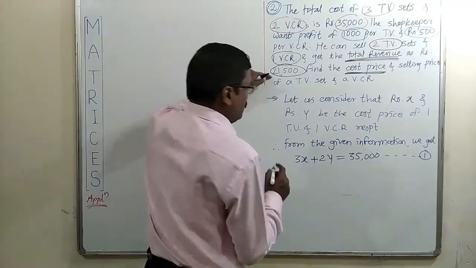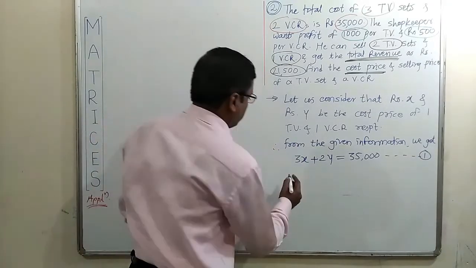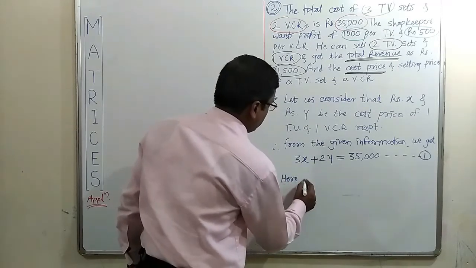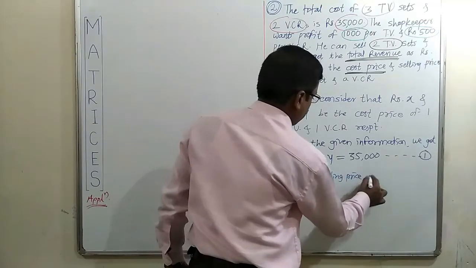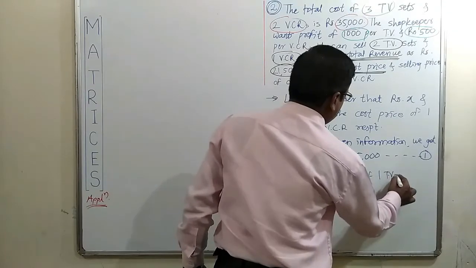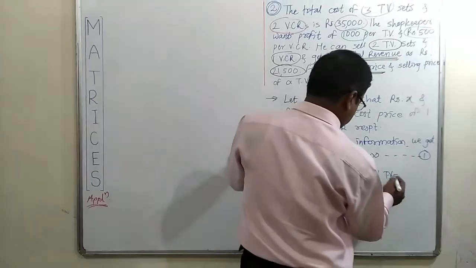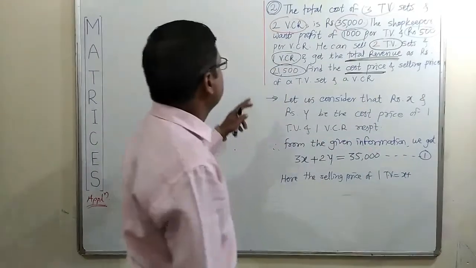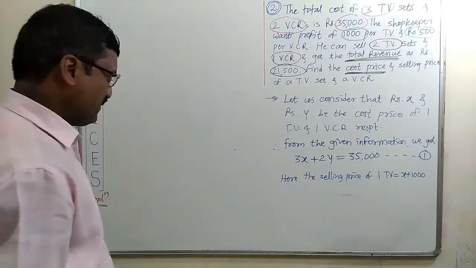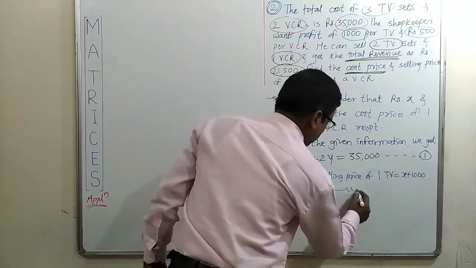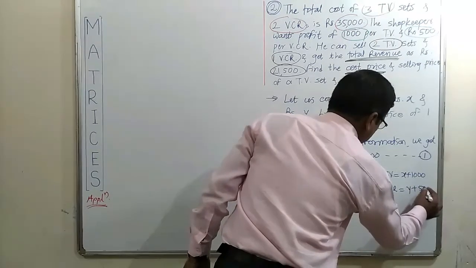So we want the selling price of 1 TV and 1 VCR. The selling price of 1 TV is its cost, x, plus profit, 1,000. So the selling price will be x + 1000, and the selling price of 1 VCR will be y + 500.